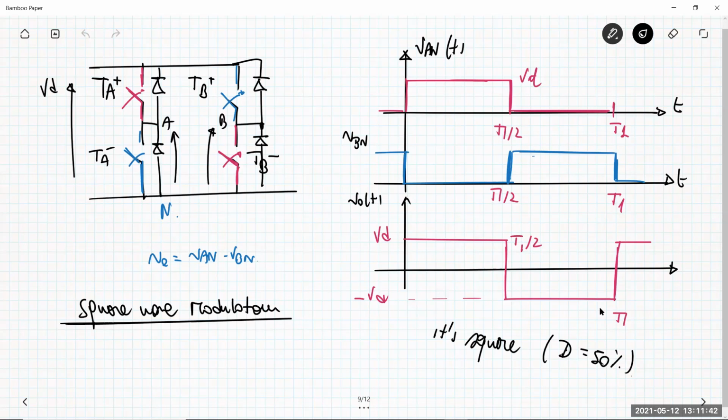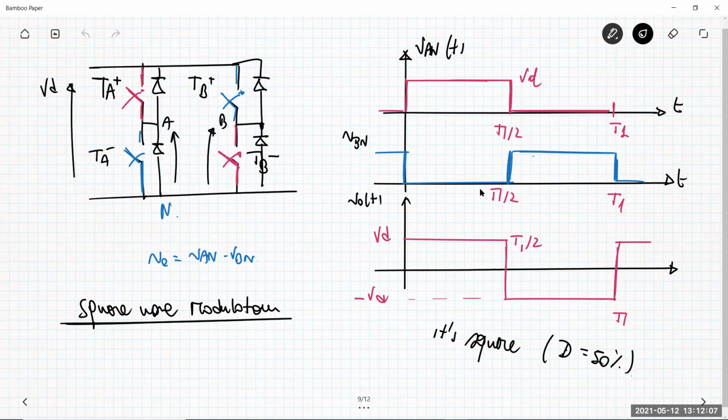There is no more this benefit of comparing the triangular waveform at the modulator with the control voltage, which is this sine wave. In this case, we lost totally the possibility to get this kind of comparison. So this is not something that we can categorize under the pulse width modulation.